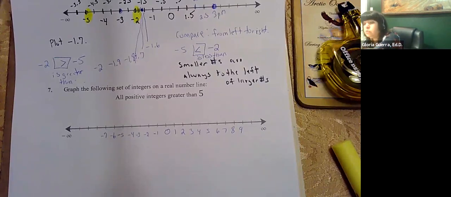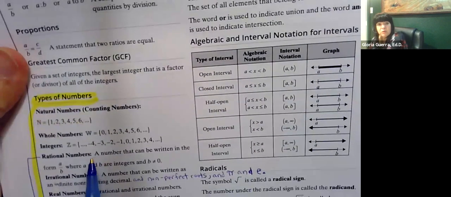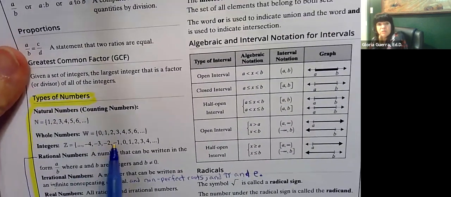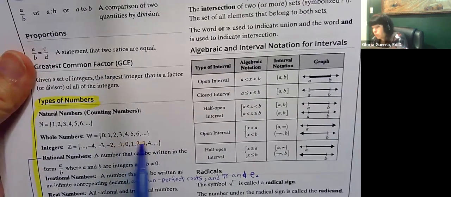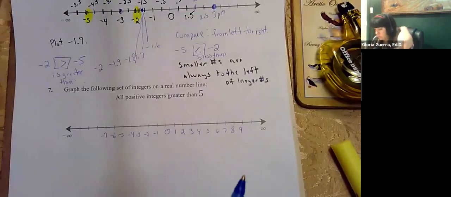So remember what integers are. Remember the definition of integers, just right here. This is what the integers look like. So identify the following set of integers on the line. So positive integers greater than 5.